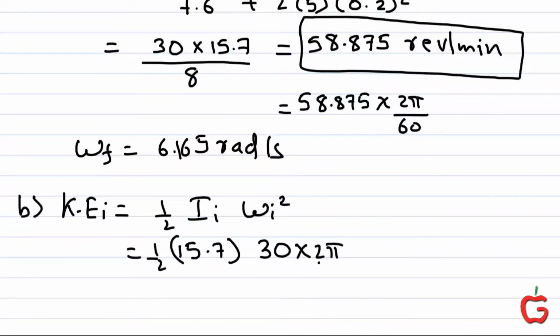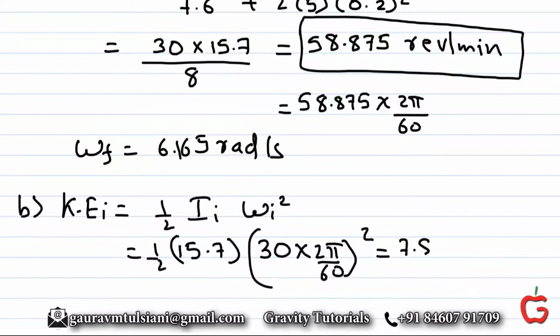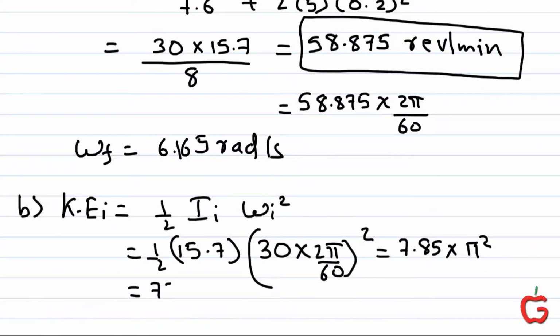So for revolutions per minute, we multiply by 2 pi over 60, and square this number. So this number is basically pi squared. So this comes out to be 15.7 by 2, that is 7.85 times pi squared. So this gives us 77.48 joules. So this is the initial kinetic energy.